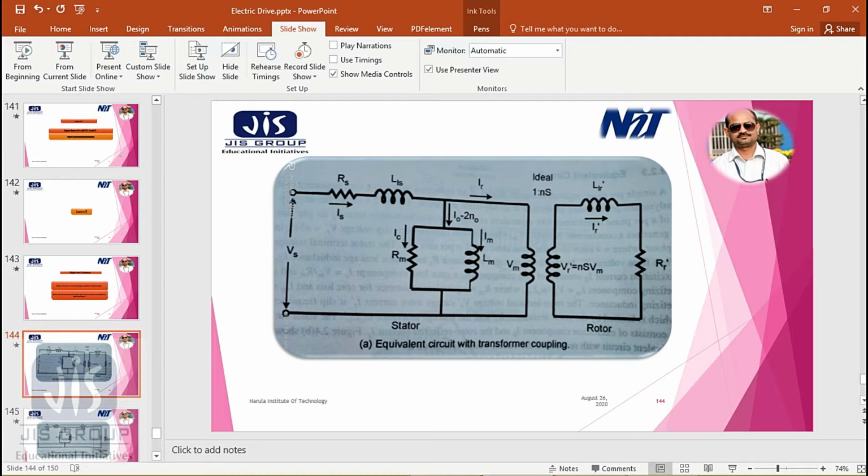So its corresponding leakage reactance will be omega SL L1 R dash, because we know X equals omega L, and here slip frequency we have denoted as omega SL.